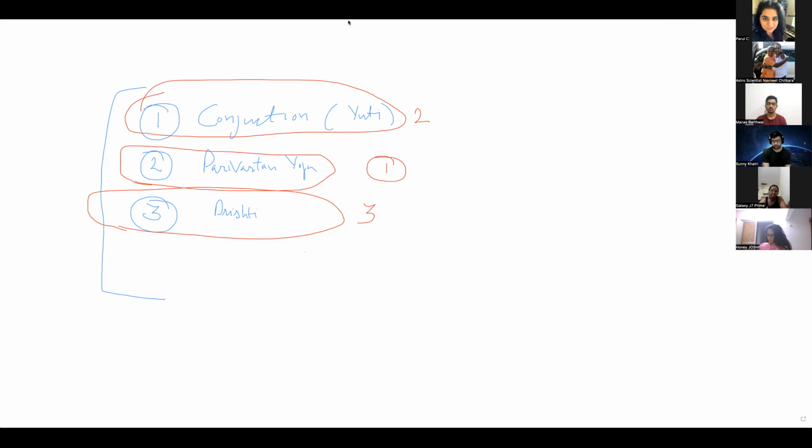Conjunction is a yuti. The reason conjunction has not been considered a very, very strong yoga is that there can be a conjunction of two planets that do not like each other, who are inimical.